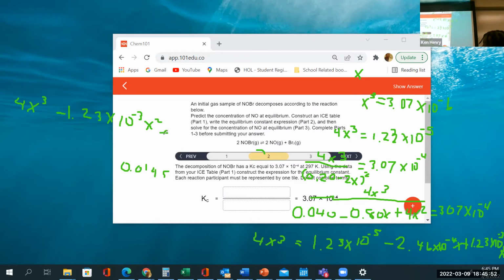Plus 2.46 times 10 to the minus 4 x, whoops, sorry, minus 1.23 times 10 to the minus 5.